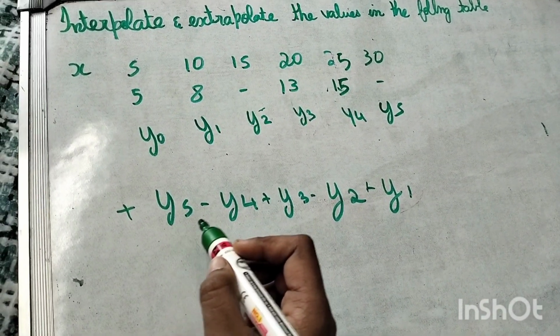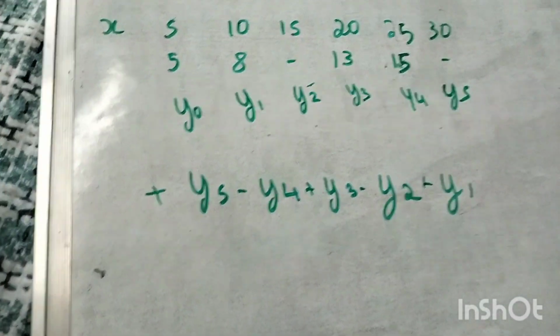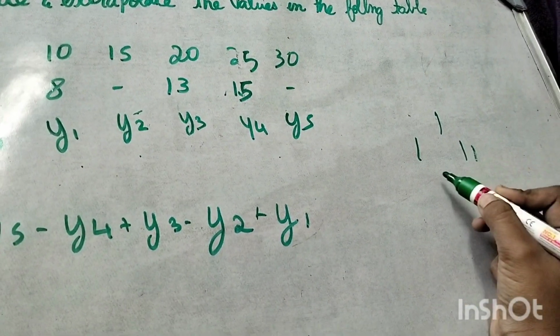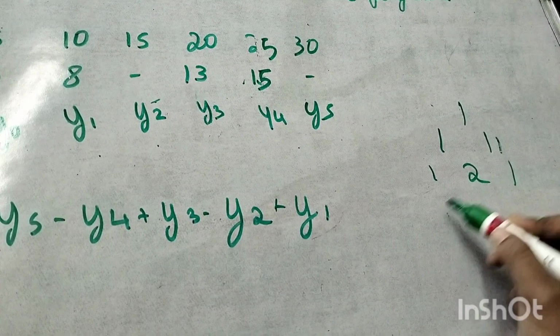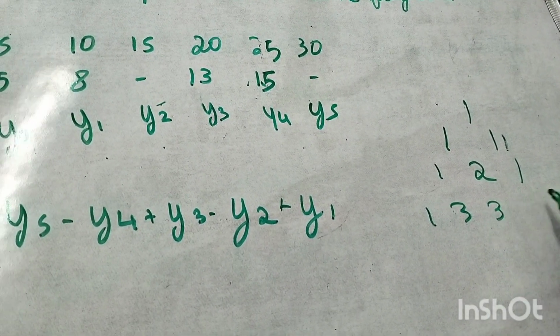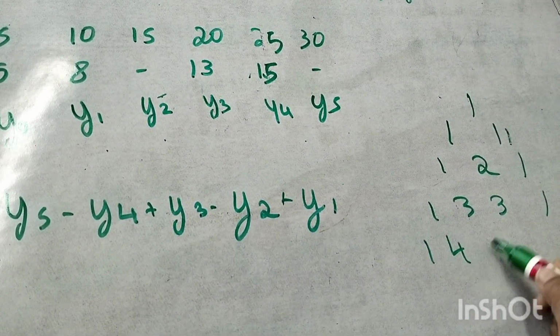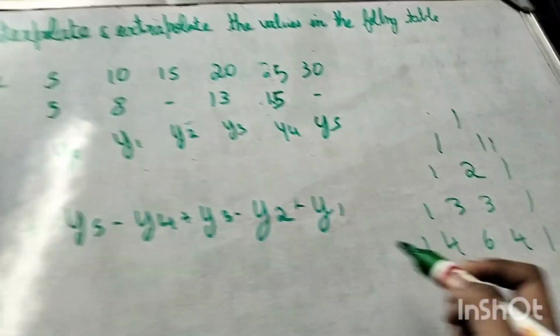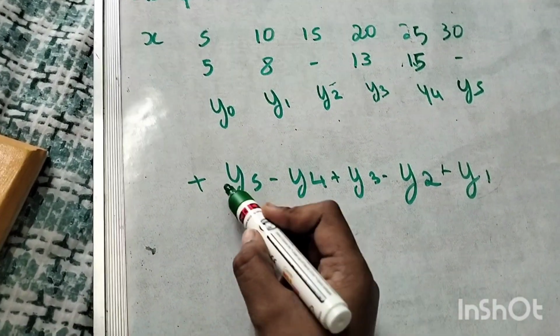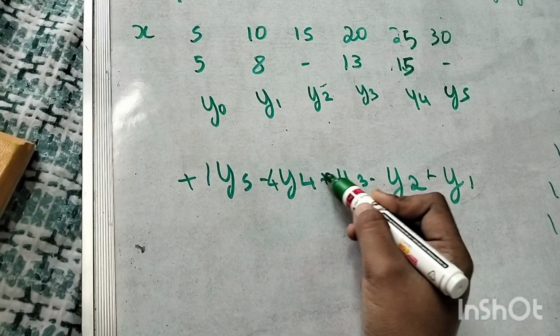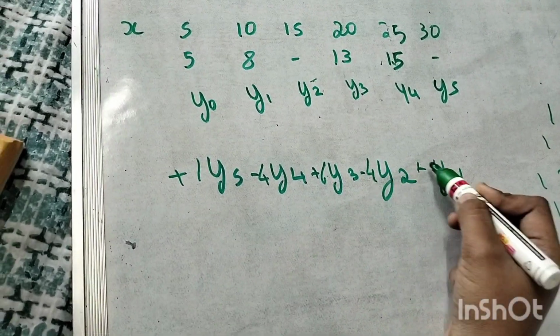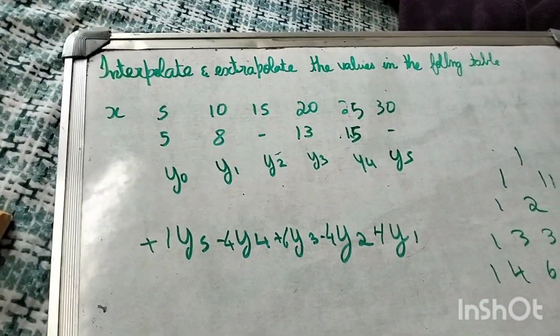And then you take down the values from Pascal's triangle, 1, 4, 6, 4 and 1.